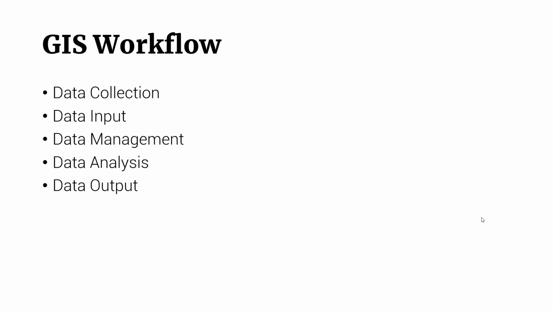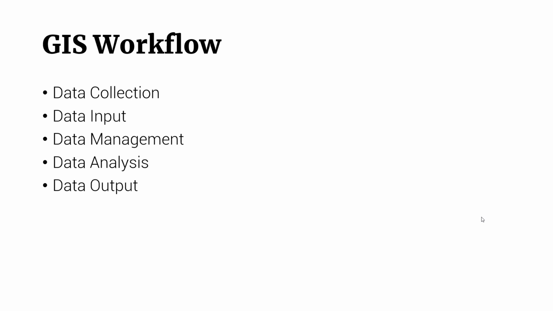Final is the data output. It is the way of presenting results through maps, charts, and reports. This is the end of the workflow of the GIS that offers tangible and actionable insights. So now, when you see that your road is half concrete and half not yet, you can now present it through maps.